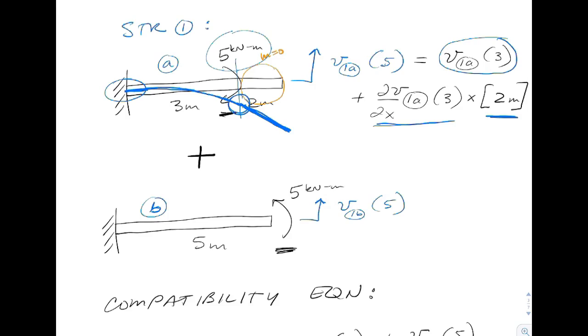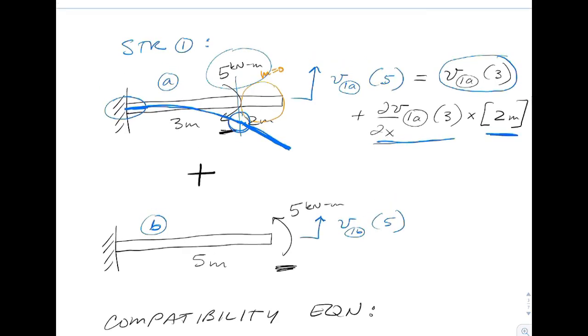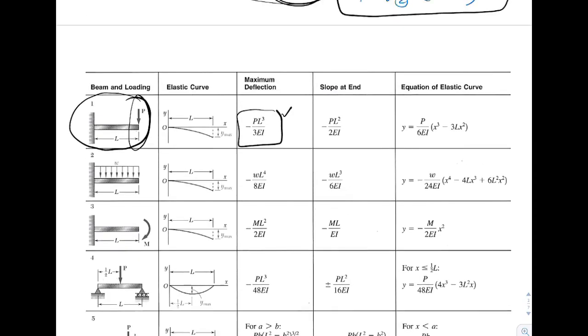Let's go back up to see what we got here. We're going to need the deflection and also the slope that occurs at the location of the point load. So let's go up here and grab these numbers. The deflection is right there. It's going to be ML squared over 2EI.